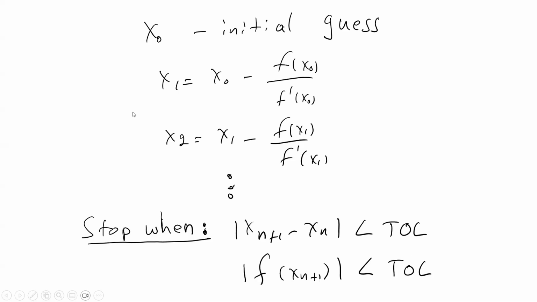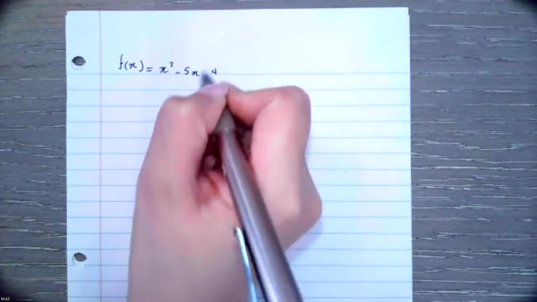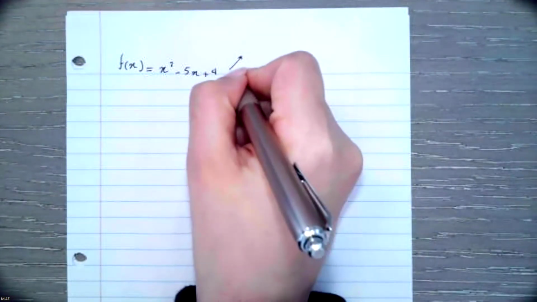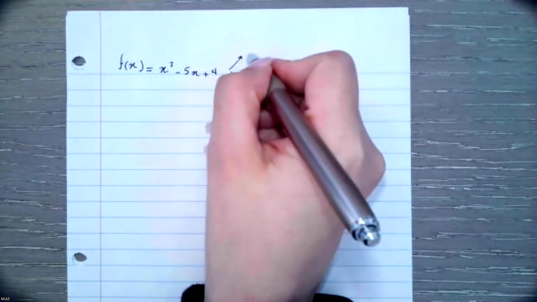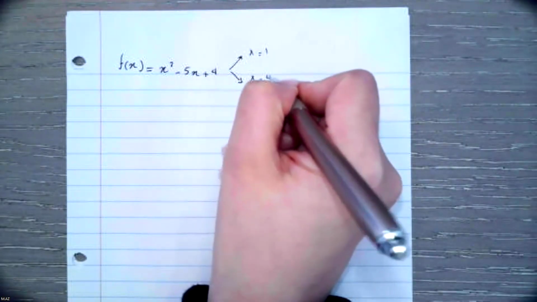Let's look at the previous examples, and now we try to solve these problems based on the Newton-Raphson method. We know that the roots of this polynomial function are 1 and 4.